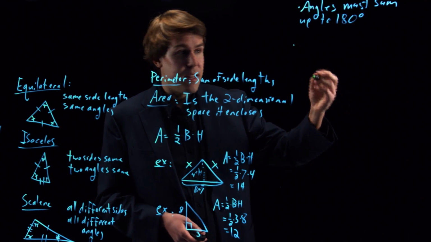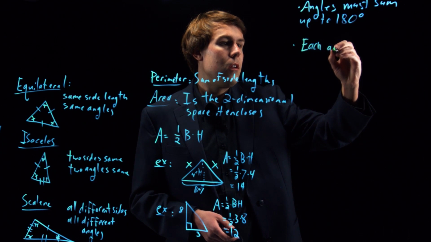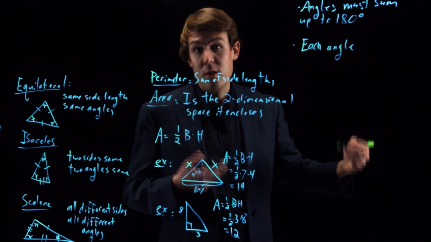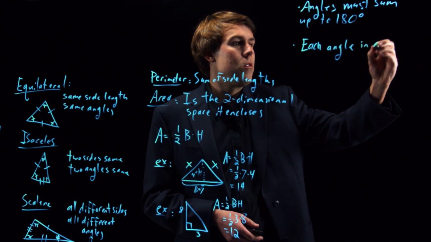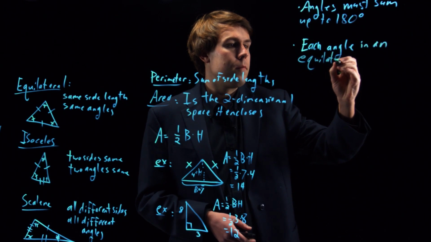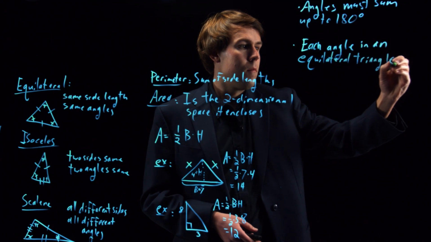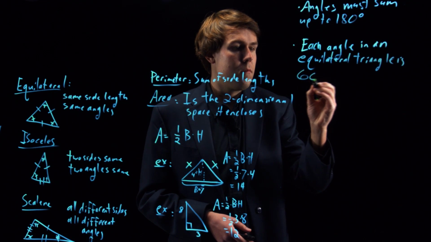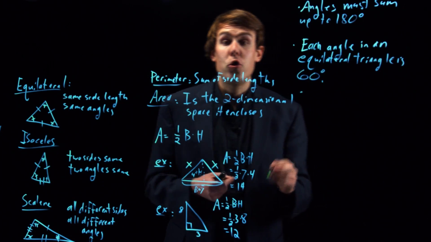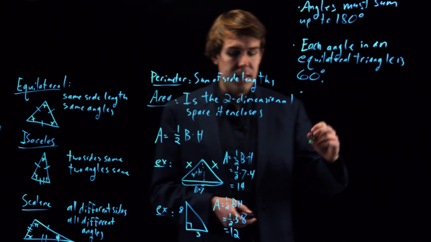As a nice corollary to this, each angle in an equilateral triangle must be equal to 180 divided by 3, since they're all the same, so 60 degrees. And we give a special name to any line which splits an angle into two pieces. We call that an angular bisector.